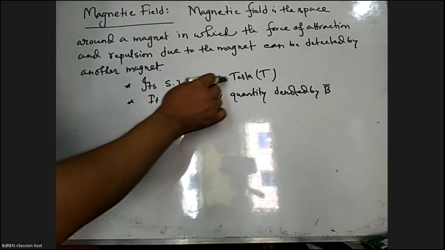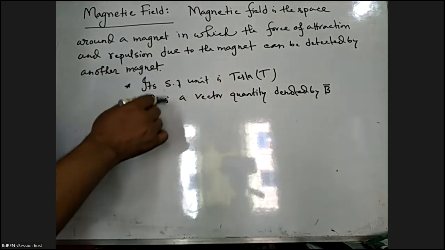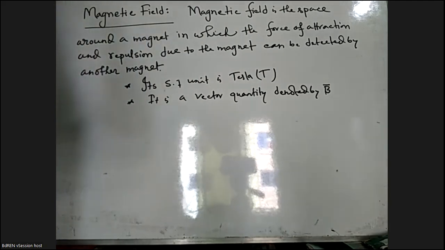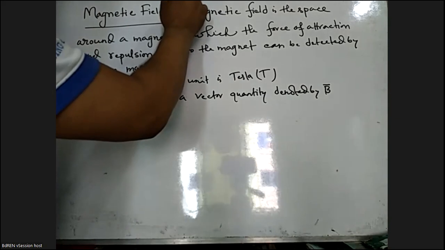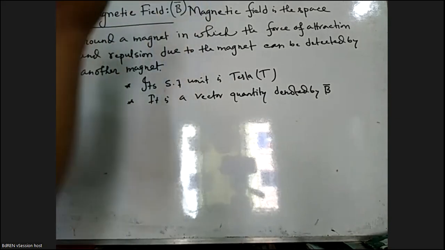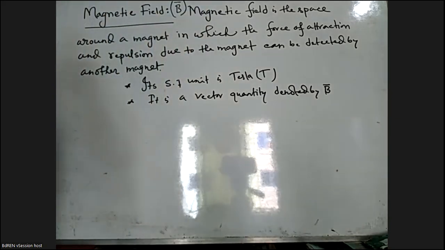Its SI unit is the Tesla, and it is a vector quantity denoted by capital B. That means it has both magnitude and direction, which is why it is a vector quantity.